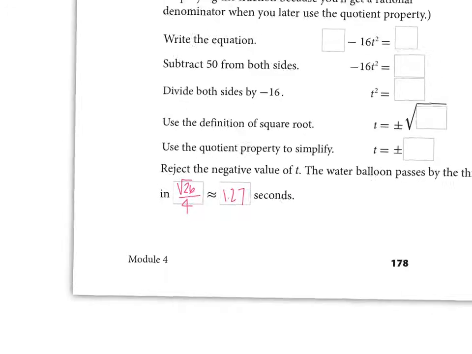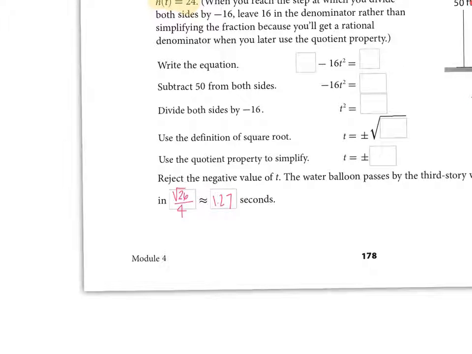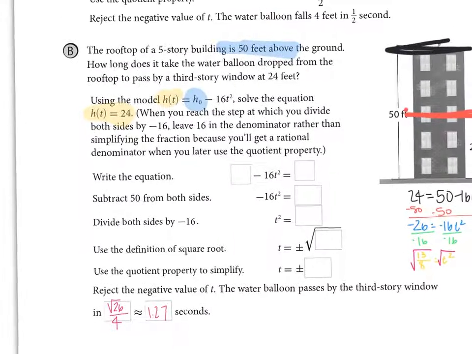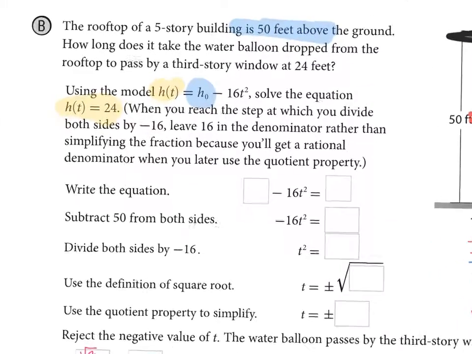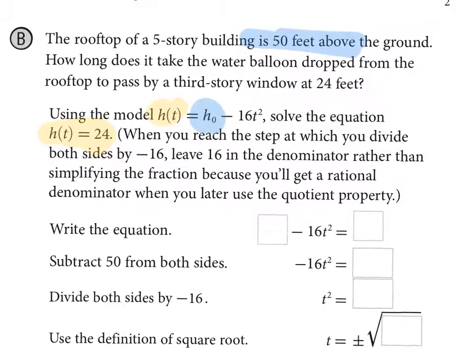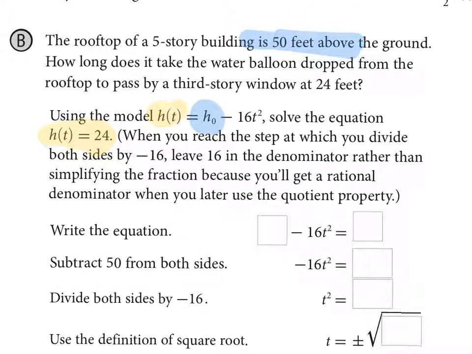Okay. So we're going to use this same information for the question on the next page, because if you use 24 here, that's what it told us to use. Okay, so what did it tell us? And this is based on the way that it's set up. When it's telling you to use h of t equals 24, then they're telling us that this h of t represents the height from the ground.